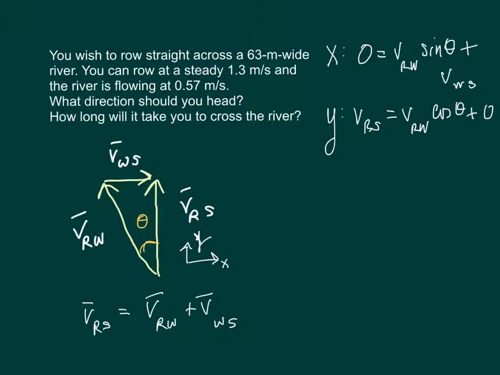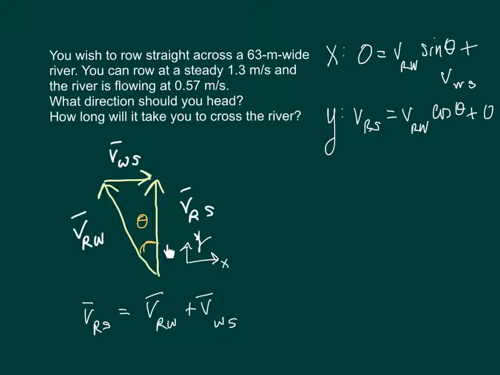The y component of this vector equation: the y component of v_rs is the full magnitude, v_rs. The y component of the velocity of the rower with respect to the water is going to be the component of this vector along the y direction.